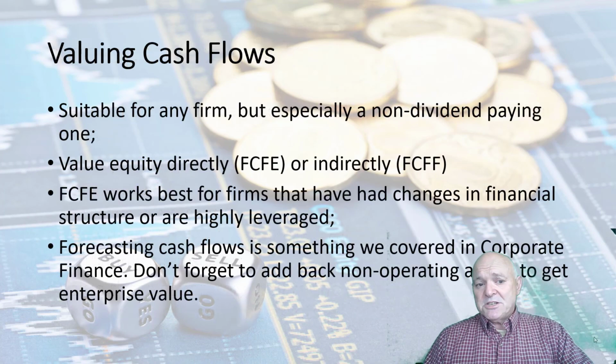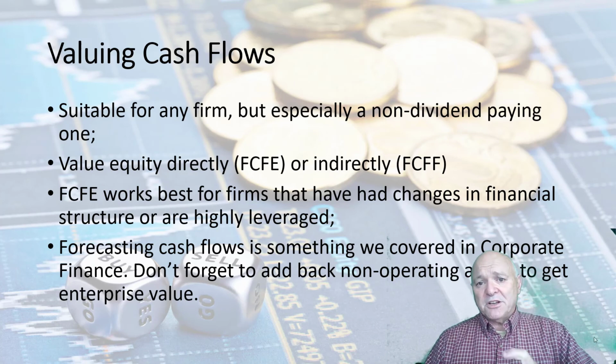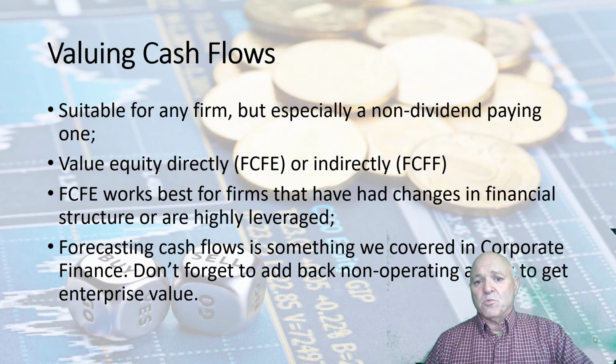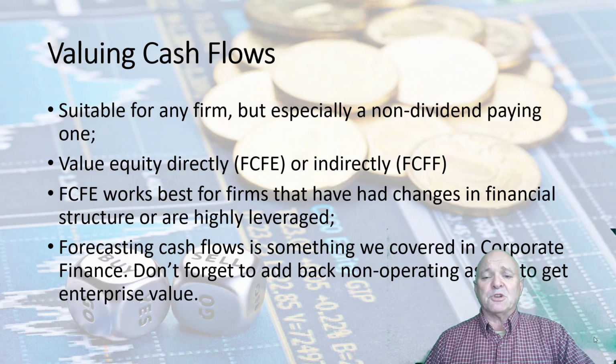So in this term, we've already looked at many things to do with valuation, and we're going to look at some more. But to understand the value of the free cash flows to the firm, the valuation of any cash flows, we find that this is a method that's suitable for any firm, whether it pays dividends or not, but especially suitable for non-dividend paying firms.